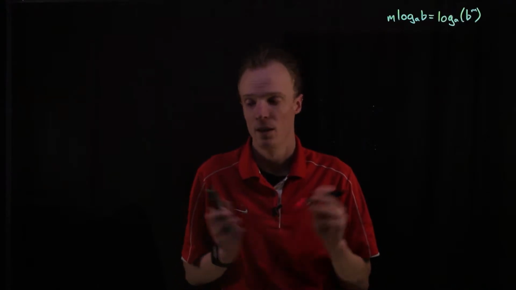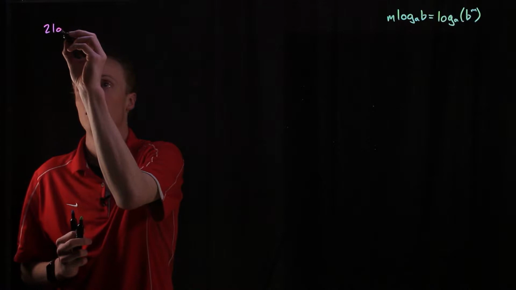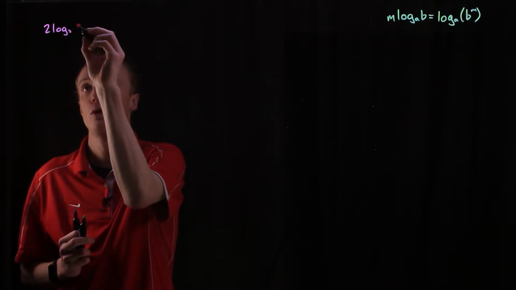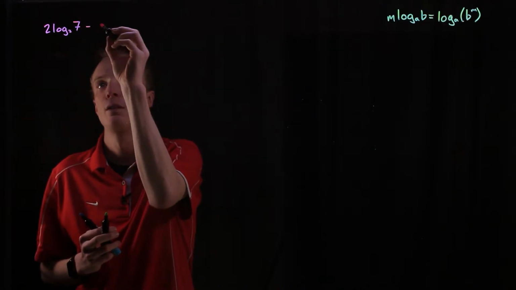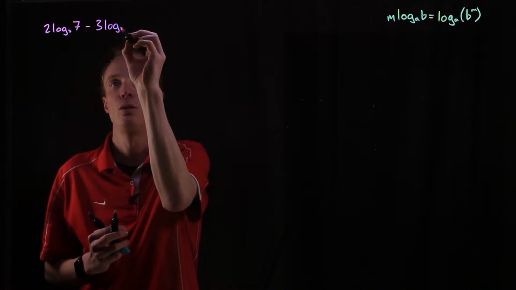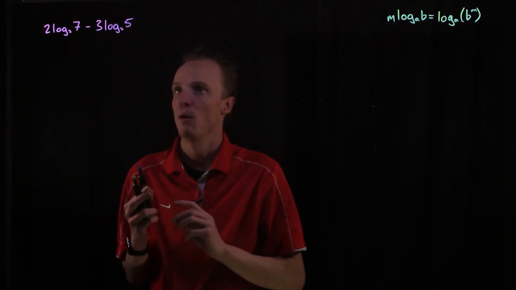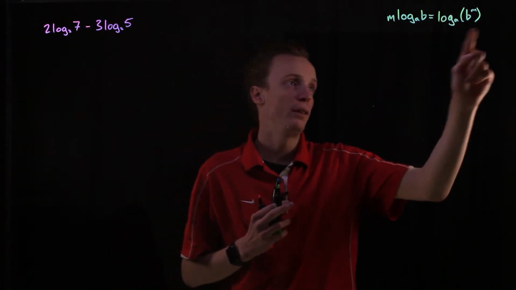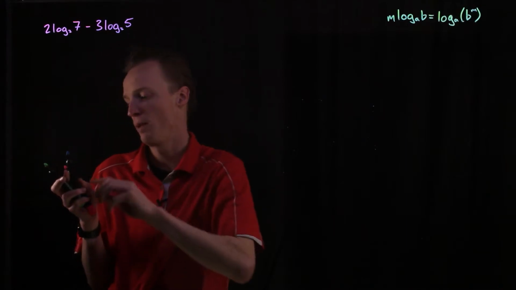So let's say I've got 2 log base 2 of 7 and I subtract 3 log base 2 of 5. Well, first of all, I can use this log law here to rewrite each term.